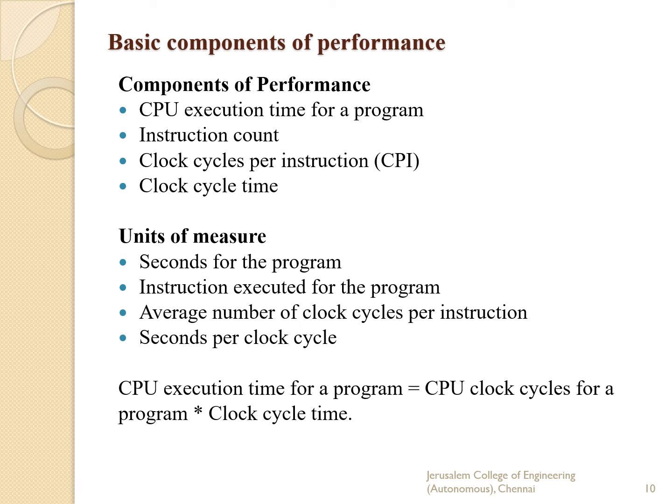The first component of performance is the CPU execution time for a program. The CPU has a particular time that is consumed while the program is being executed. That is one main component that we have to look into while calculating the performance. Next is the instruction count. How many instructions are present to complete a particular task?